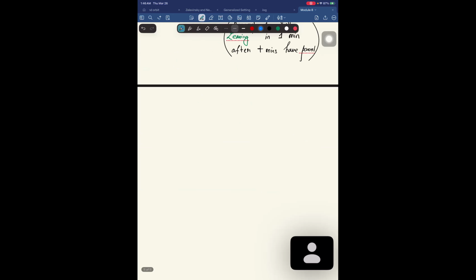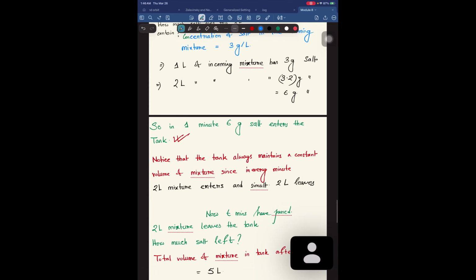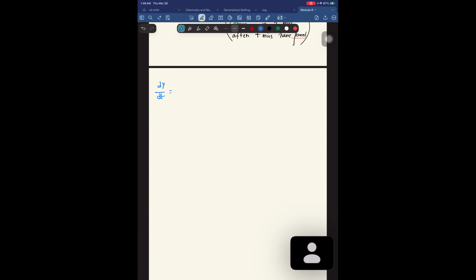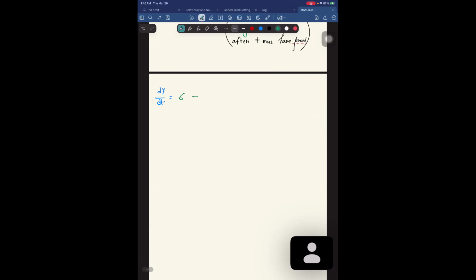So equation becomes dy/dt equals, remember how much salt enters in 1 minute, which is 6 gram, minus how much salt leaves, right? So this is the equation.